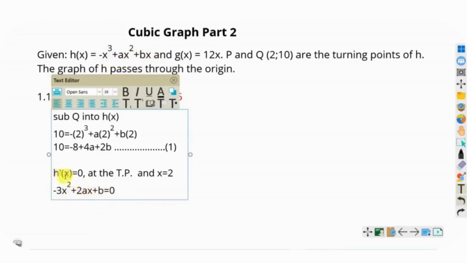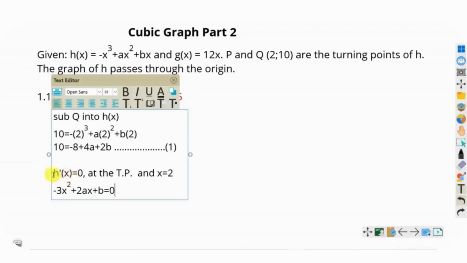So it means when you derive the equation and you substitute the x value for the turning point, you should be able to get 0 because the gradient is 0. Remember that we proved, with first principles on part 1 of cubic graph, the derivative for finding the equation of the gradient.